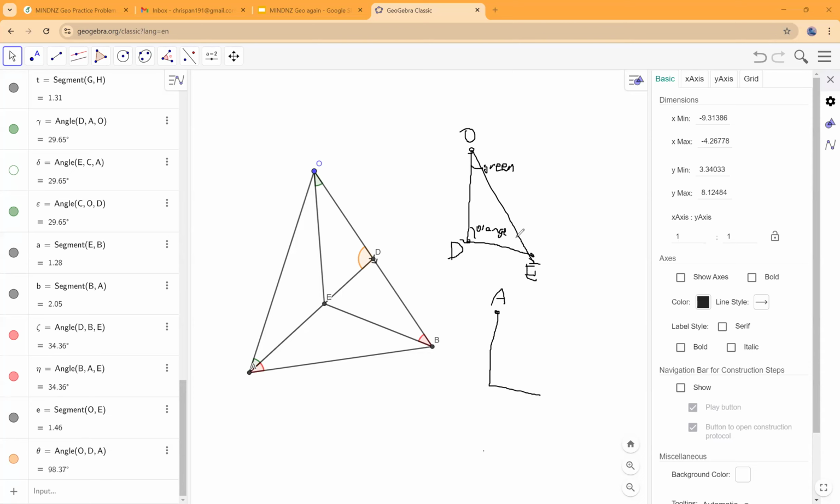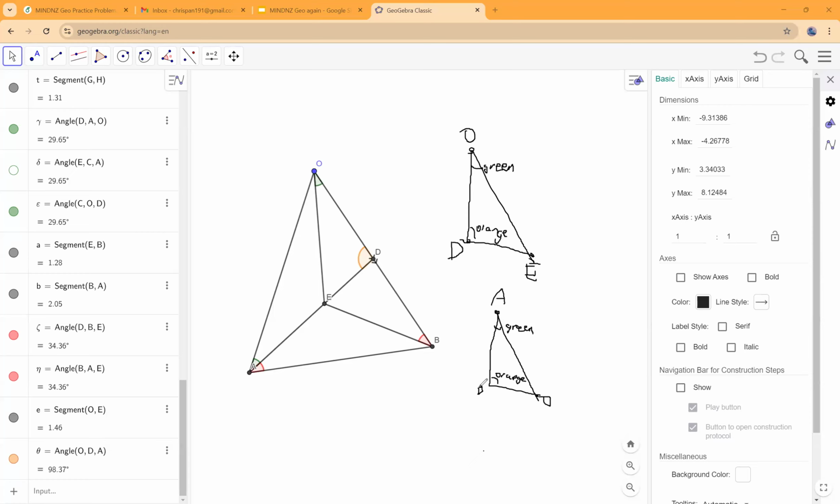It's oriented like this. But if I look at this triangle O, A, D, I still have green here and orange here. Excuse my handwriting.